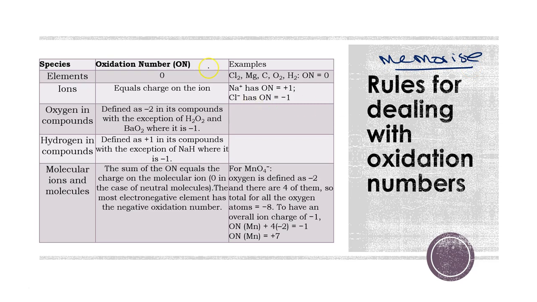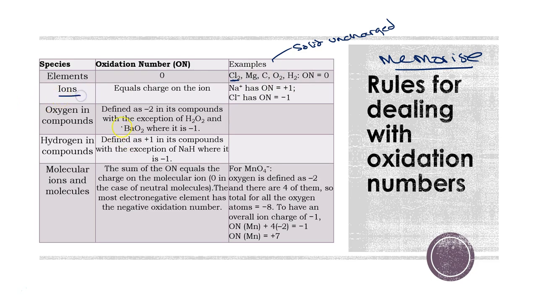So all elements have an oxidation number of 0. So your halogens, if they're diatomic gases, will be 0. Metals that are solid state are uncharged, and have an oxidation number of 0. O2 will be 0. Anything that is in its elemental form will be 0.